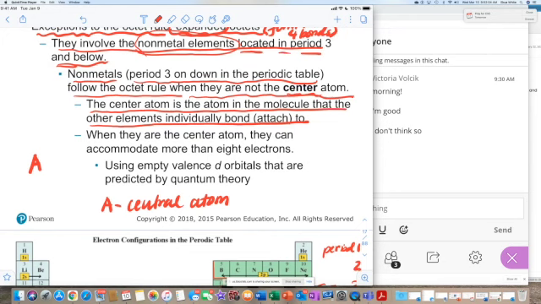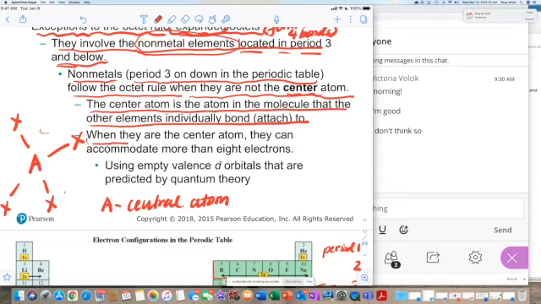The central atom has a role of bonding to other atoms, so my generic surrounding atoms will be X. So you want to make sure when you're drawing your Lewis structure that the central atom has the ability to bond to many other atoms. For that reason, when we're talking about the rules, we will never pick hydrogen as a central atom because hydrogen can only form one bond. That is not a good central atom.